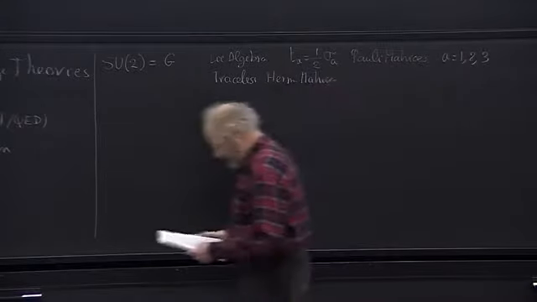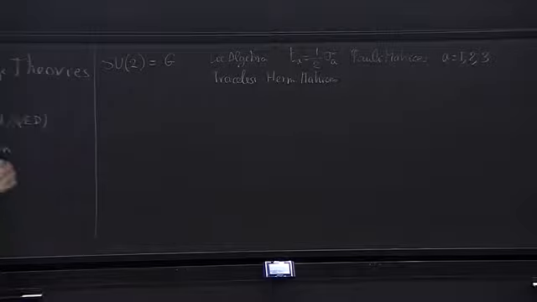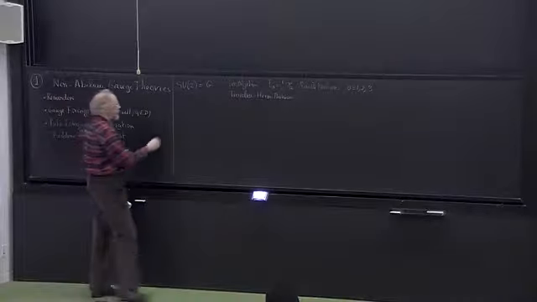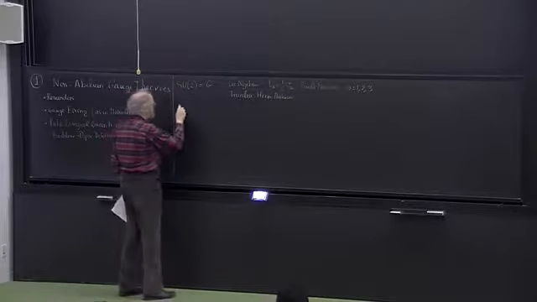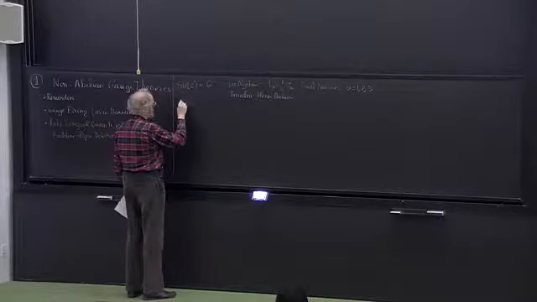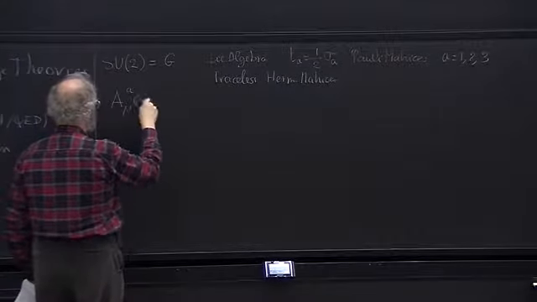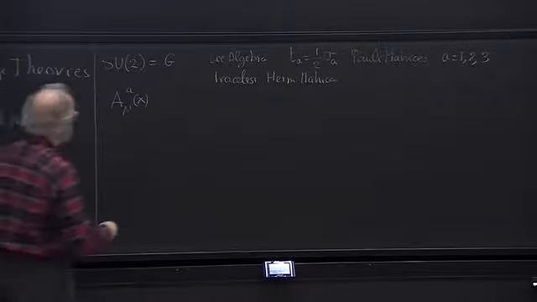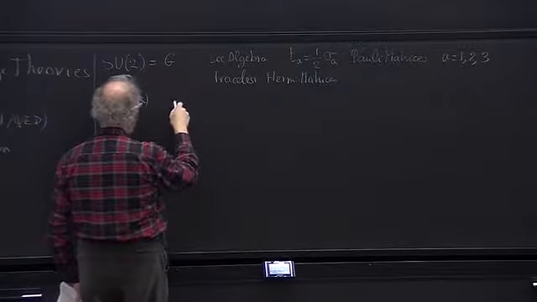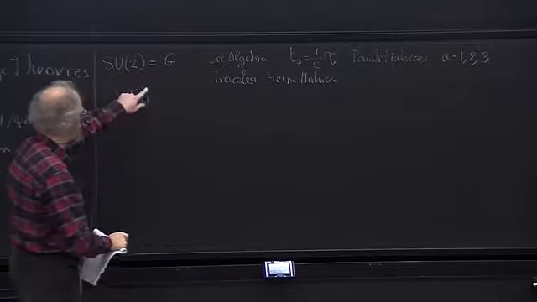Okay, and we have seen that in order to define a gauge theory, we need gauge fields, so vector potential A_mu. But now they are labeled by a, going from 1 to 3. And so this is a real field, the components of a real field.